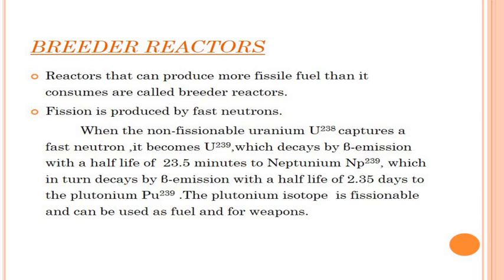This uranium becomes neptunium, that is Np-239, which in turn again undergoes beta decay and forms plutonium-239. This plutonium isotope is fissionable and can be used as reactor fuel.